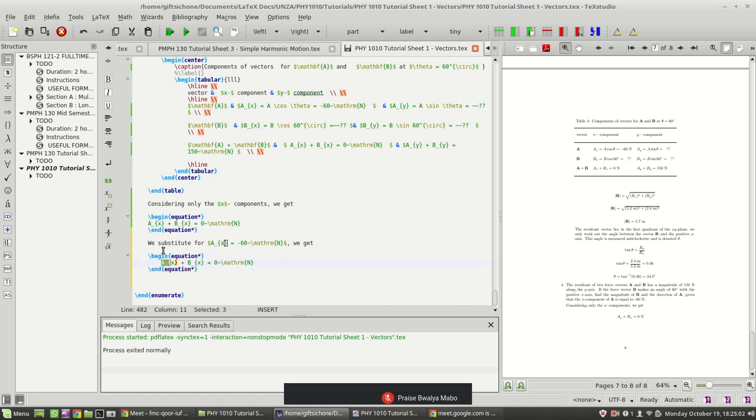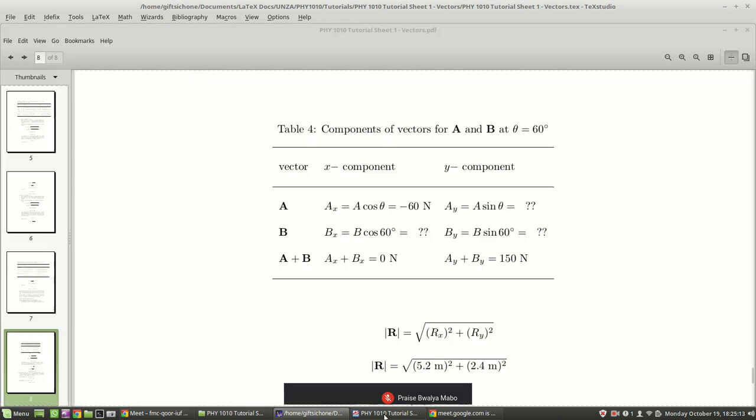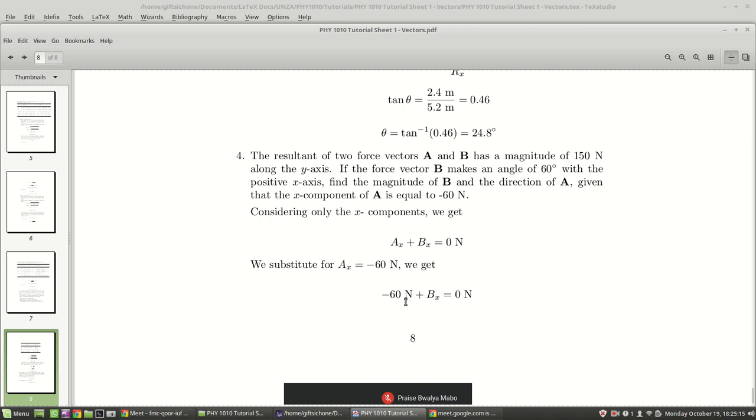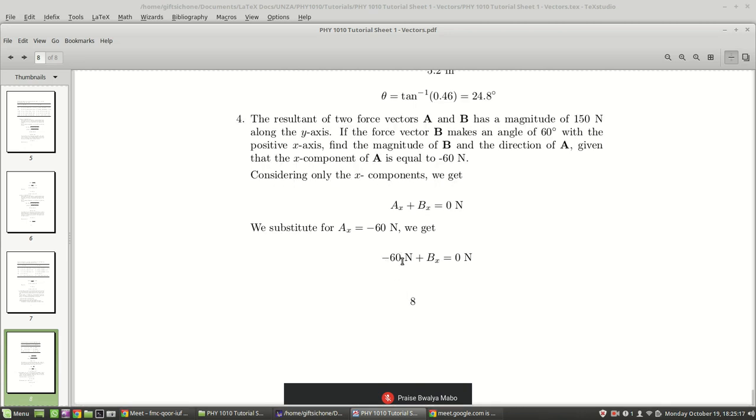In place of Ax, we put in negative 60 there, like this. So when you do that, then we work out for Bx.